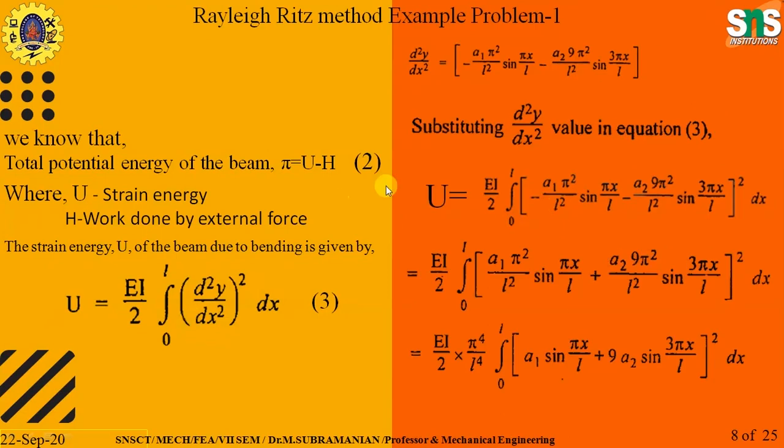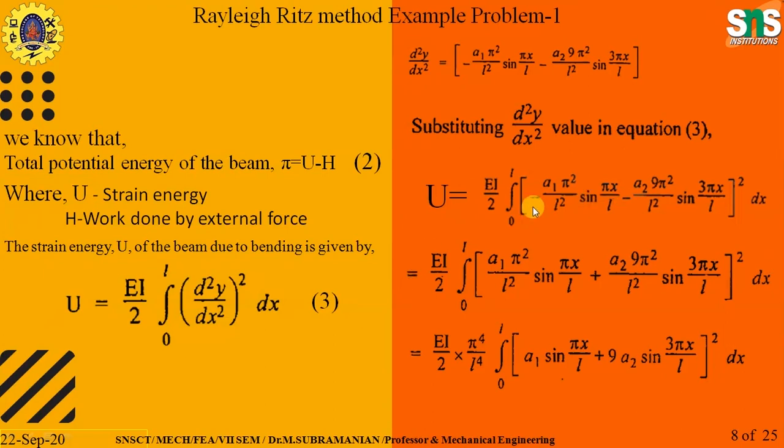Equation number 3 is EI divided by 2, integration from 0 to L, of d²y/dx², which we already simplified, minus a1 π²/L² sin(πx/L) minus a2 9π²/L² sin(3πx/L), the whole square, dx.